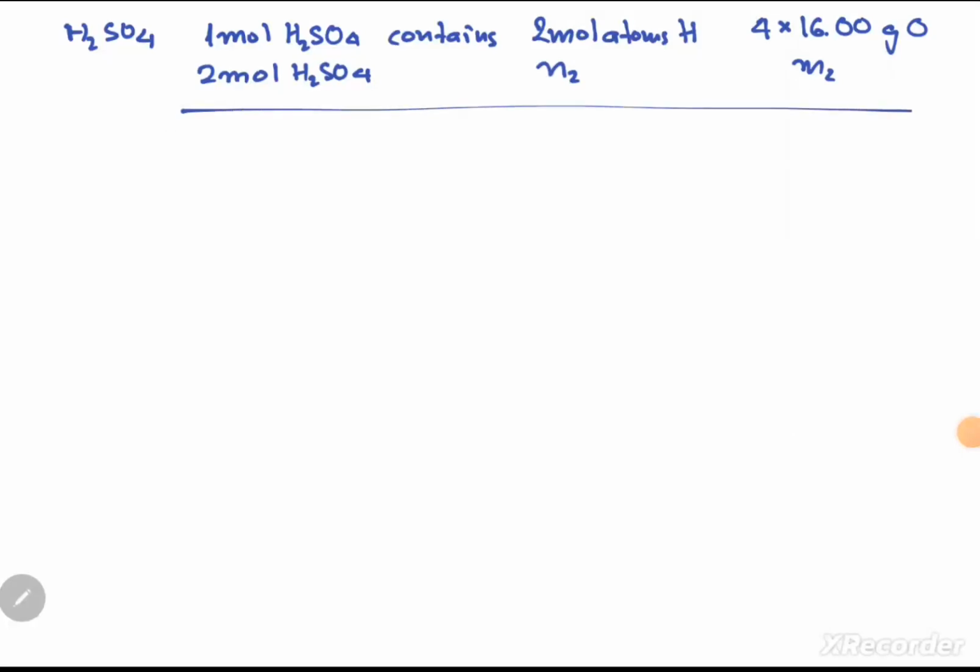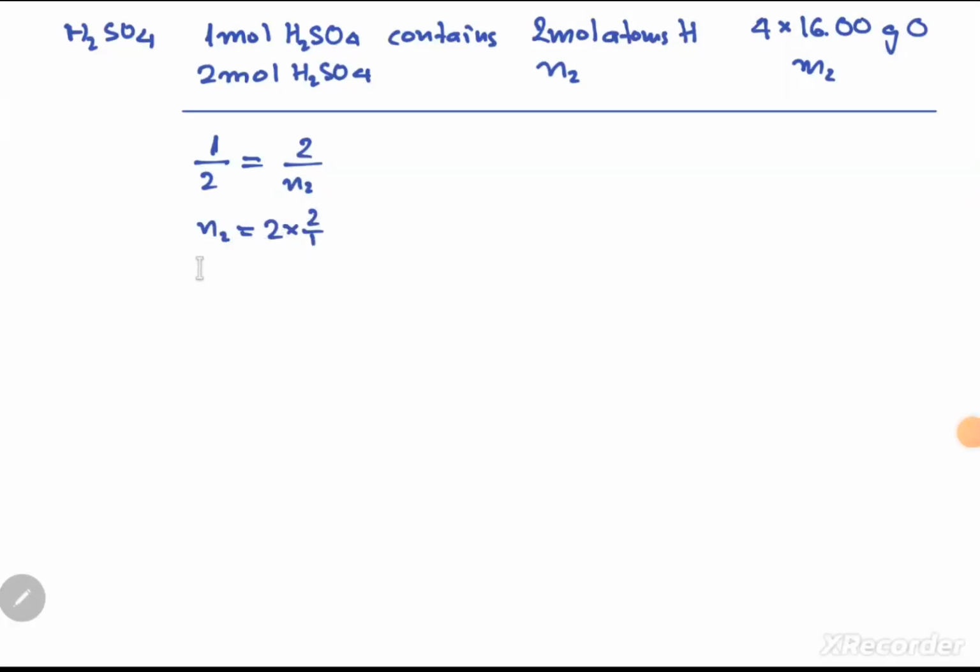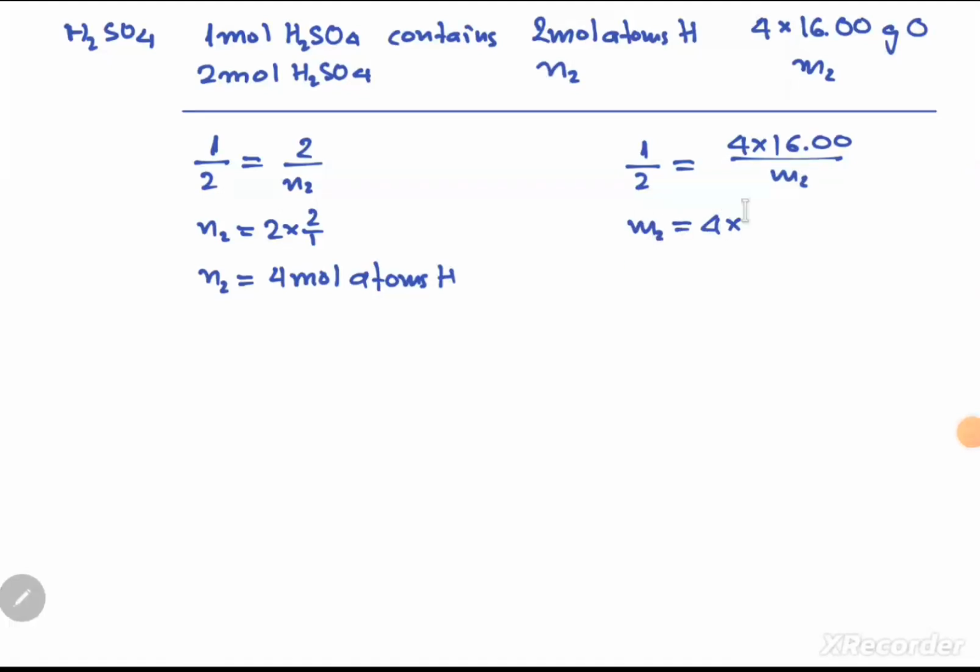With the same way, we find N2, M2. So we have 4 mole hydrogen atom and 128 grams oxygen. So we have the result.